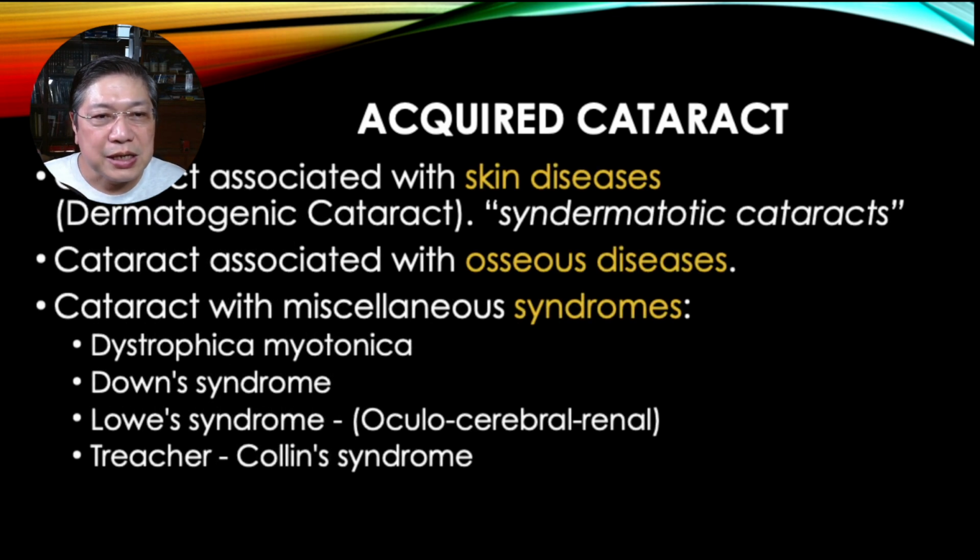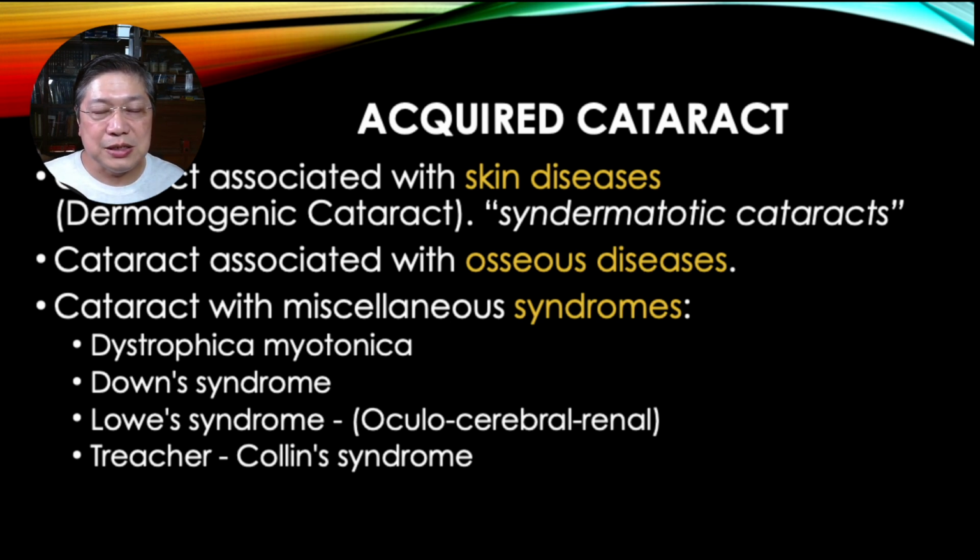You can also see cataracts associated with other systems of the body. Patients with skin diseases could also have cataracts because of the skin diseases. We call this syndermatotic cataracts. Now, these skin diseases usually affect the area around the eye.